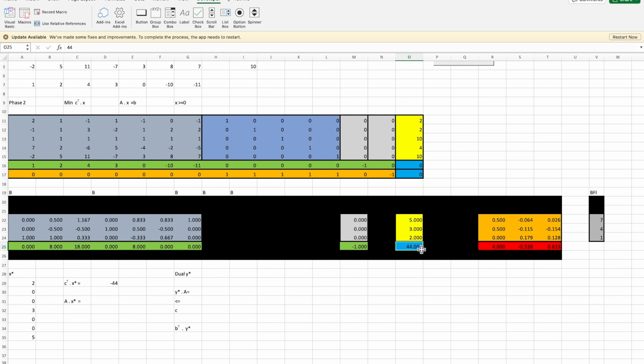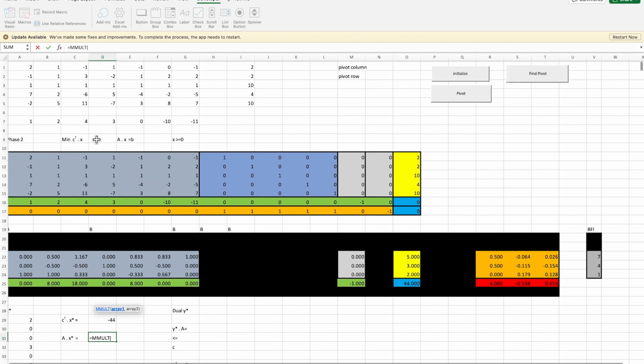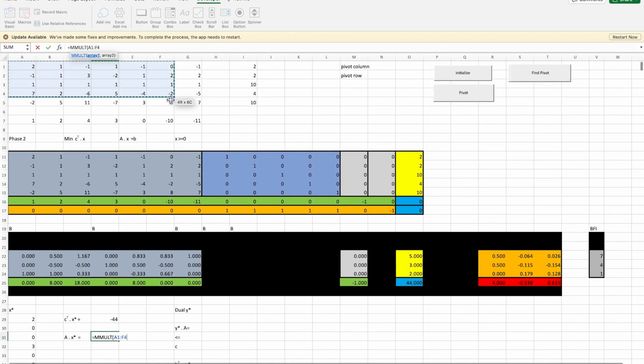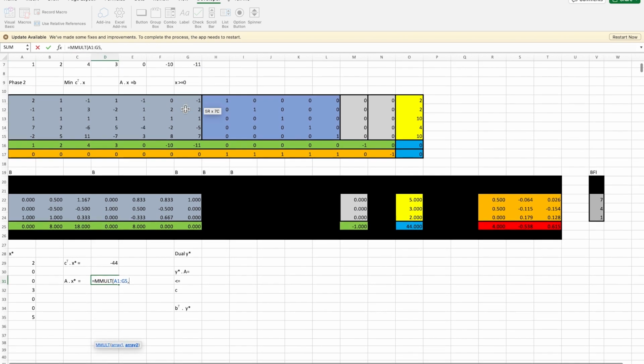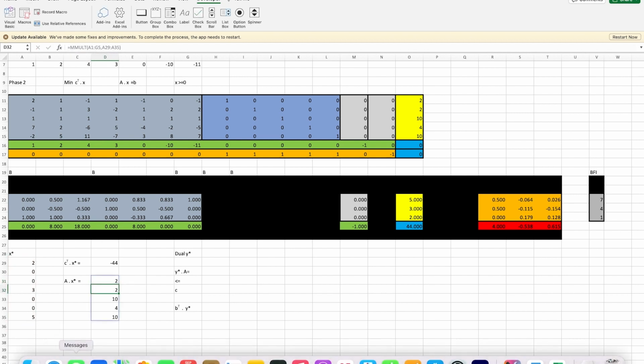So you take this value and minus that, and that will be your optimal objective value. So let's verify that it's feasible. This is equal to the matrix multiply of the A matrix, comma, times the x, and indeed it's equal to the right-hand side, 2, 2, 10, 4, and 10. So this solution is feasible, with an objective value of minus 44.